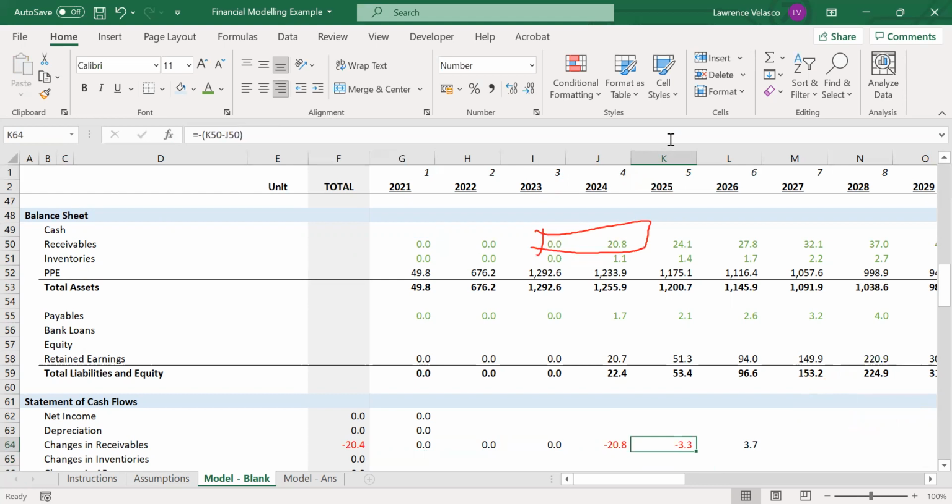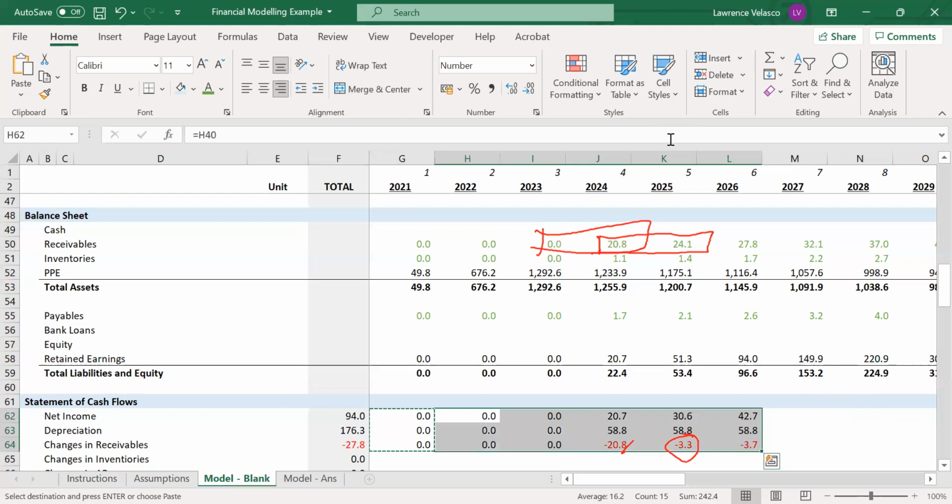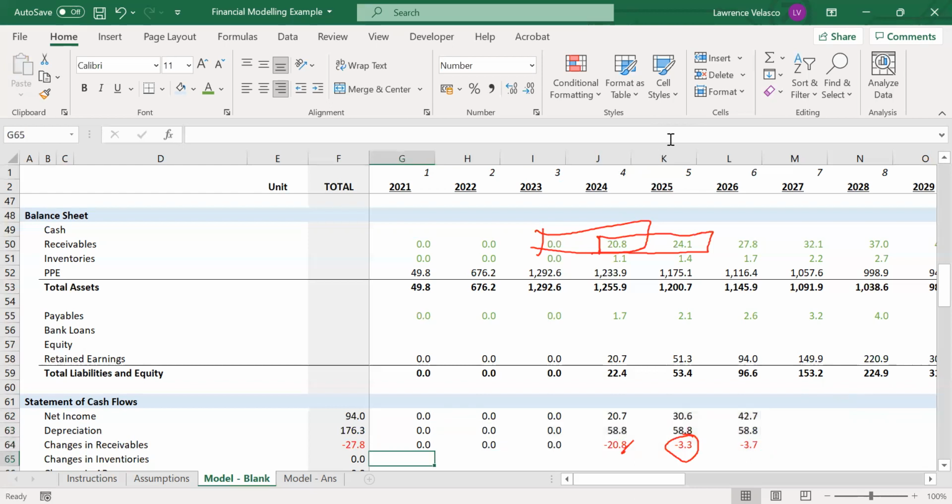An increase in receivables is considered as a negative adjustment to the calculation of operating cash flows. Ito naman from 20.8 to 24.1, negative ulit. So that's how we will compute for it. Okay? Let's finish inventory.